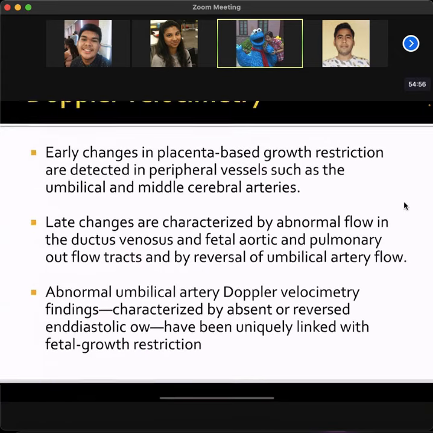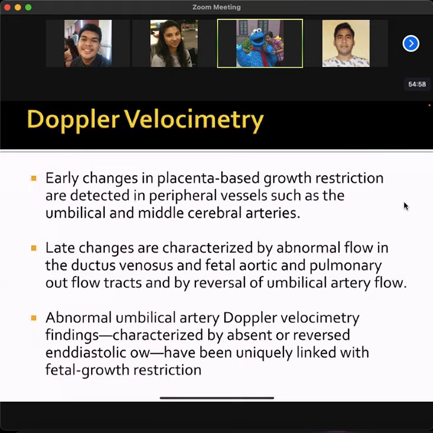What else? In small for gestational age babies, wherein you have no other risk factors, or in mothers that have medical conditions, Doppler velocimetry or Doppler studies is warranted.